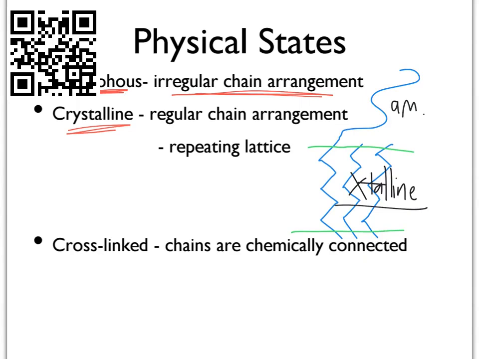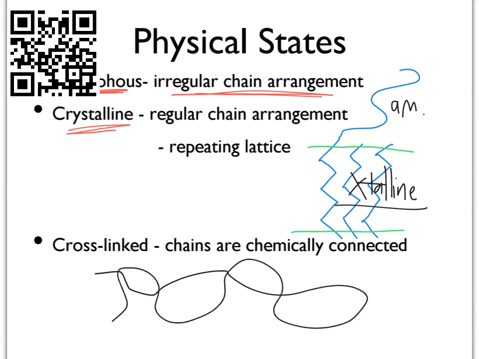Cross-link materials, and so what Goodyear was doing is he had rubber, and he also had sulfur. And those sulfur atoms formed cross-links.